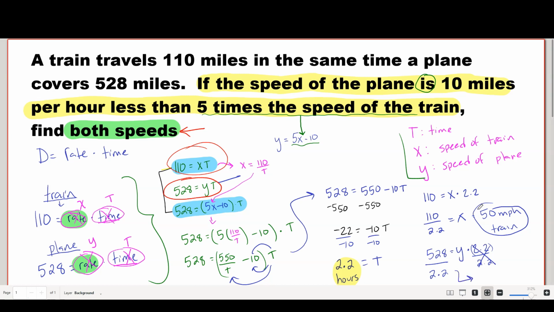And we divide that out, and we get the speed to be 240 miles per hour for the plane. So those are my two answers in this problem. Find the speeds of both the train and the plane.